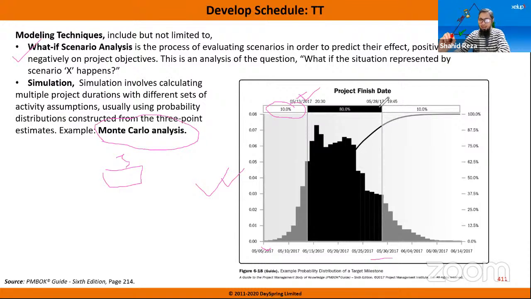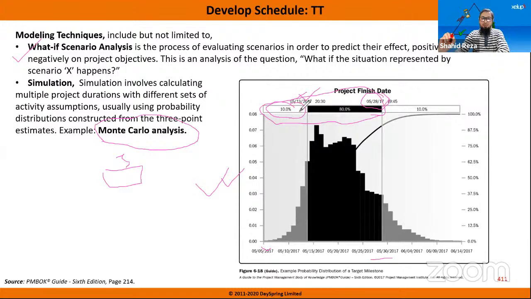But if you come here, at 28 May, the probability of finishing this task by 28 May is 90%. So if you use simulation, you can say the probability of finishing the project in a certain range. If you want 90% surety, you will have to tell your management that we can finish only by 28 May 17.